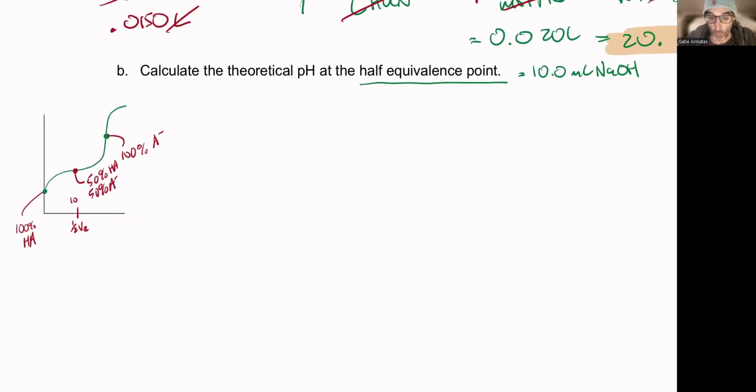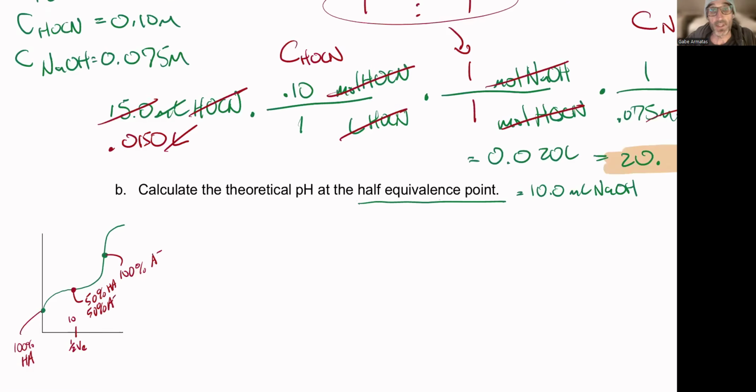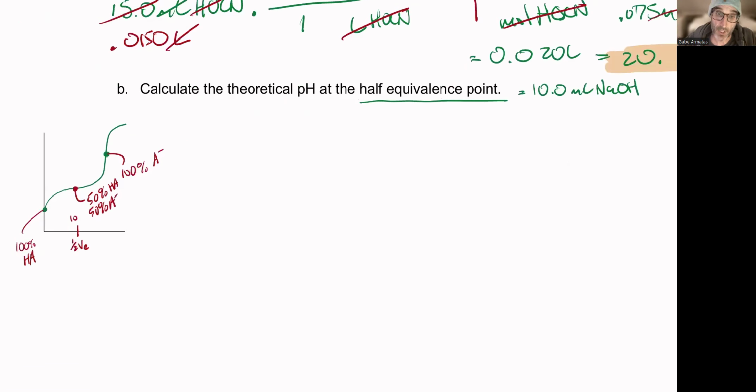Okay, so what we really need to do in order to find out pH, I need to know the concentration of my acid at this point. So let's do a quick table here just to talk about the idea of it. Volume is changing too, so I'm going to think in terms of moles, or millimoles as it works out.